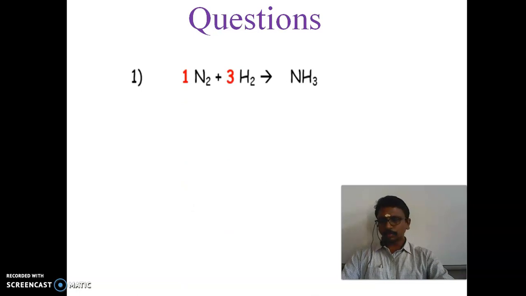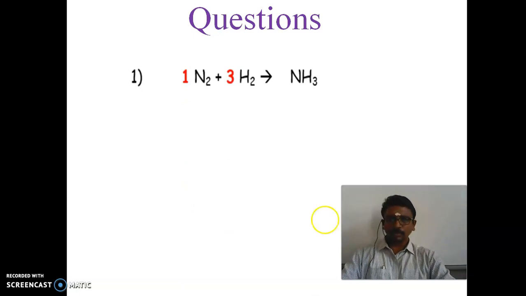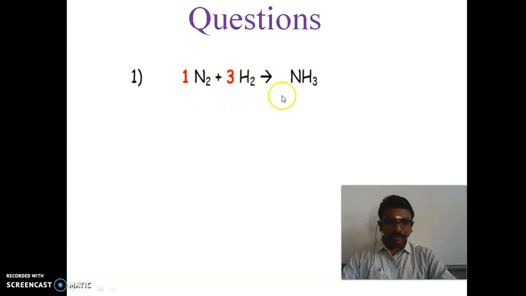So this is the first question, my dear children. The first question is N2 plus 3H2 gives NH3. In the question you have to answer first which is reactant and which is product.